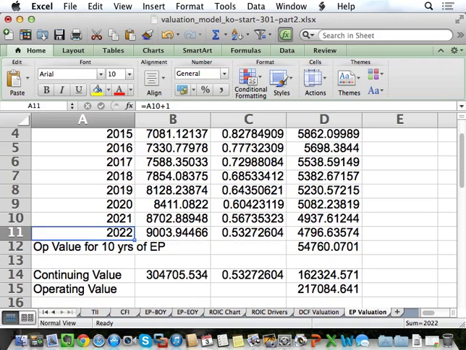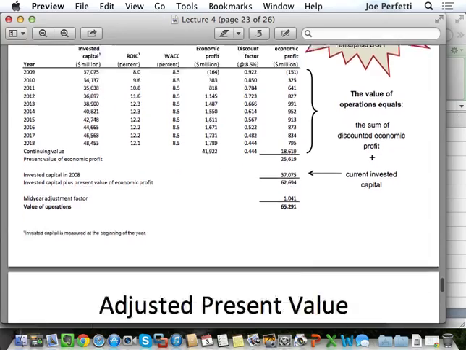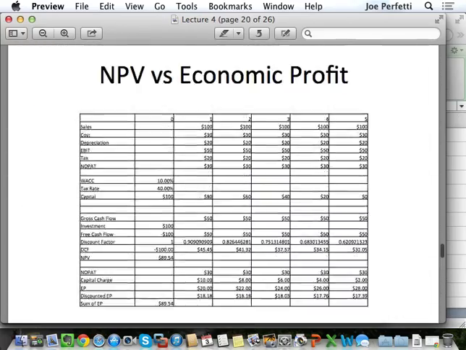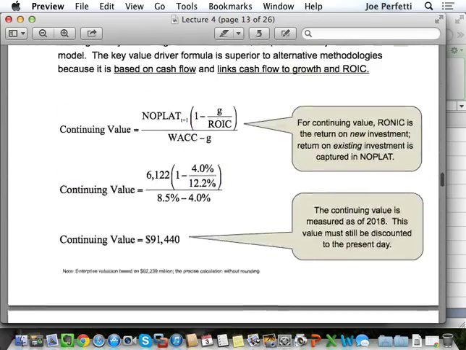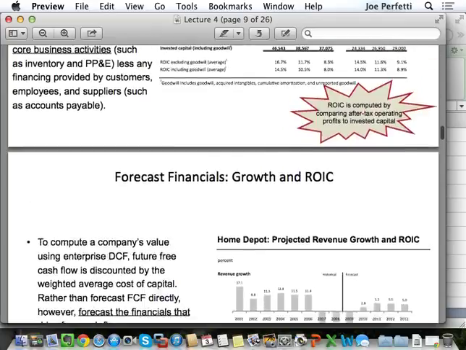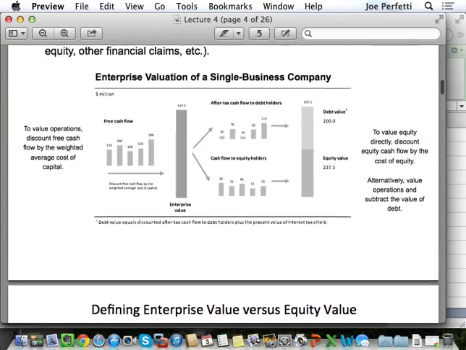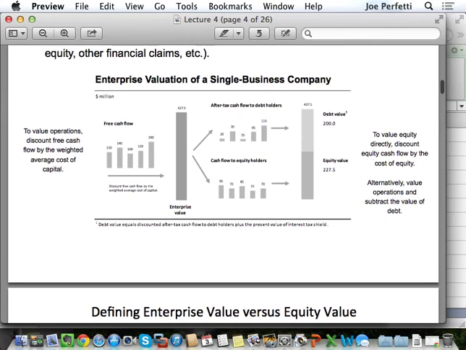Right? Now, when we do the economic profit methodology, again, if I go back to our lecture note, what we're doing is looking at the change in value. When we do the enterprise value, we're looking at the total cash flows of the business. When we do the economic profit, we're looking at the change in value of what was invested.